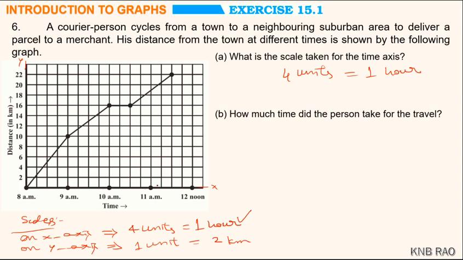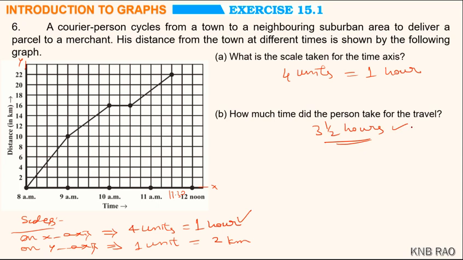How much time has he taken? He has taken 8 to 11:30. That means he has pedaled up almost for 3.5 hours. Okay, he has taken 3.5 hours.